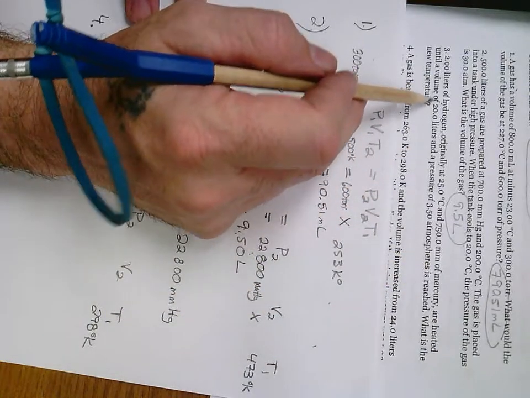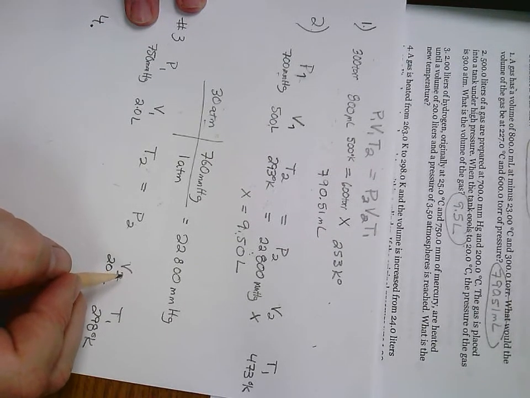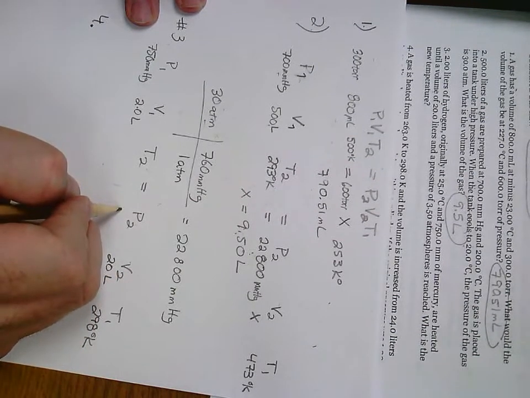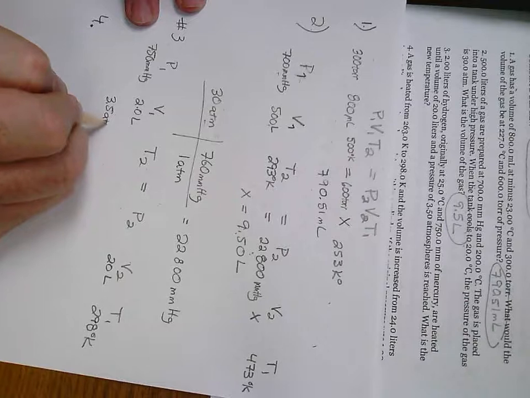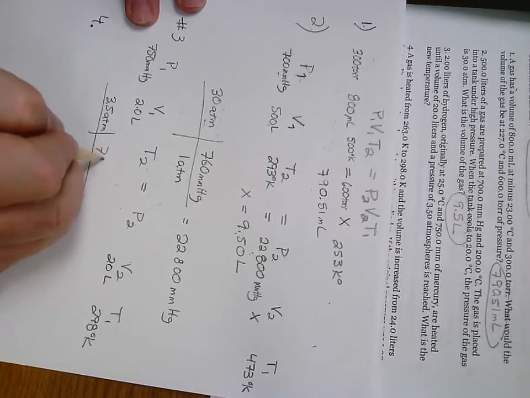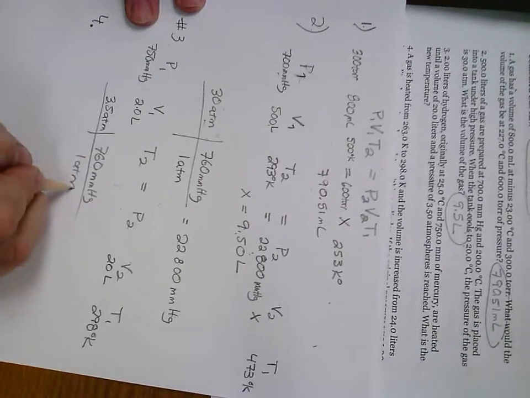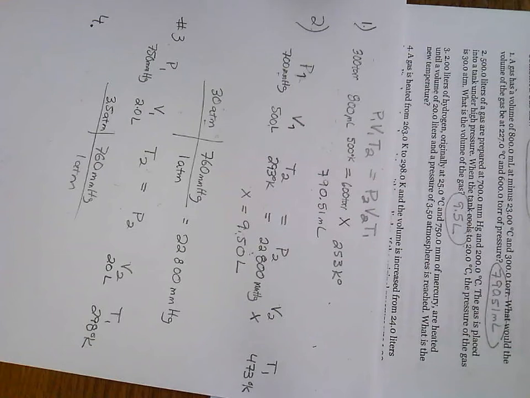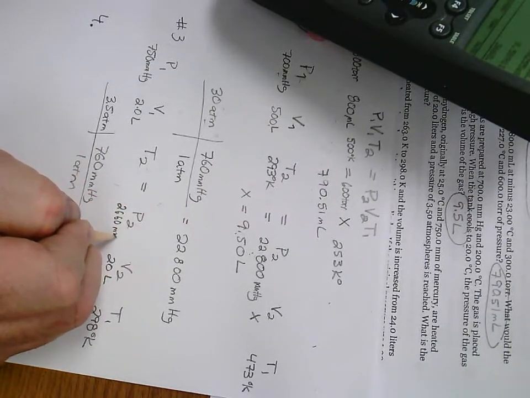Are heated until a volume of 20 liters. So I have a volume of 20 liters over here. And a pressure of 3.5 atmospheres. They've done it to me again. So I have to convert 3.5 atmospheres times 760 millimeters of mercury, and I can ignore the 1 ATM. Anything you divide by 1 is going to be the same thing. So 3.5 times 760 equals 2,660 millimeters of mercury.